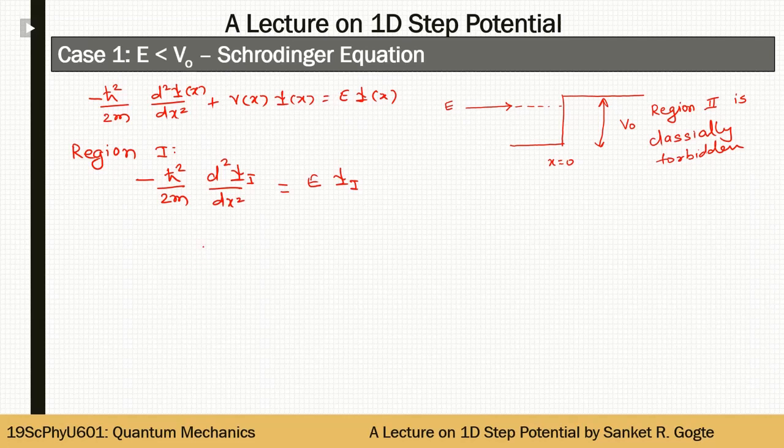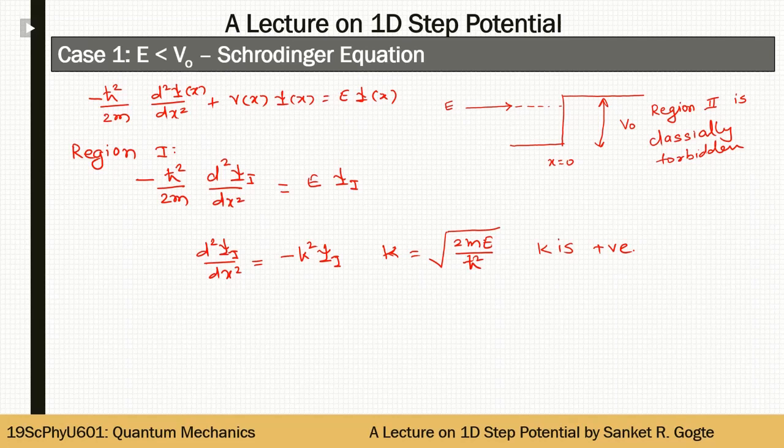Let me skip a step and write it like this: d2 psi 1 by dx2 is equal to minus k square psi 1, where k is equal to square root of 2mE by h cross square, and note here that k is a positive constant.